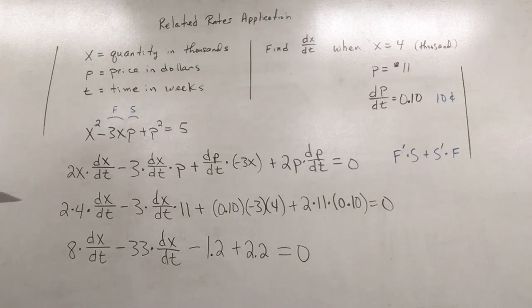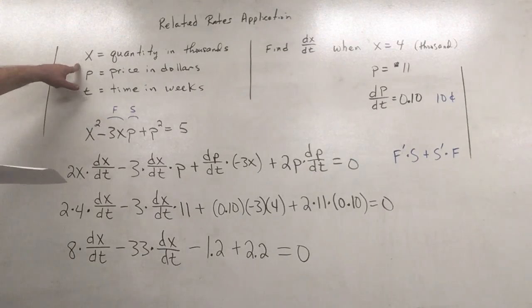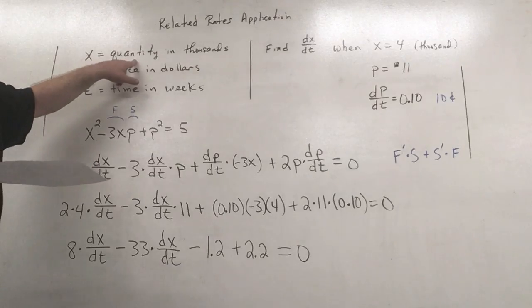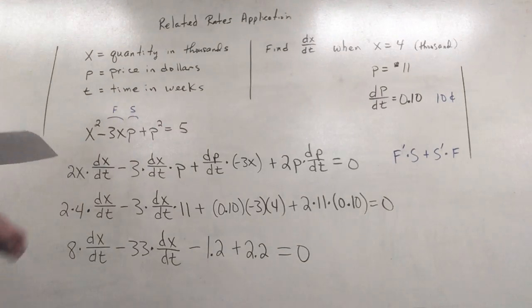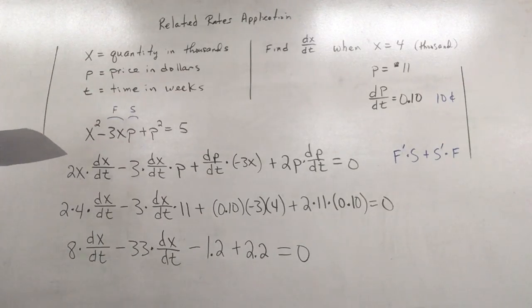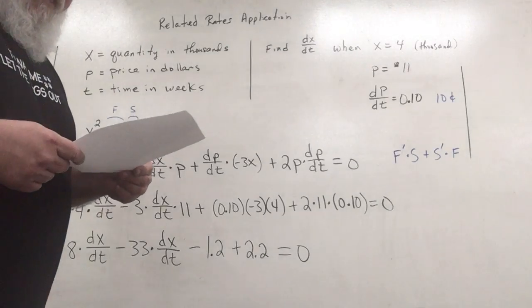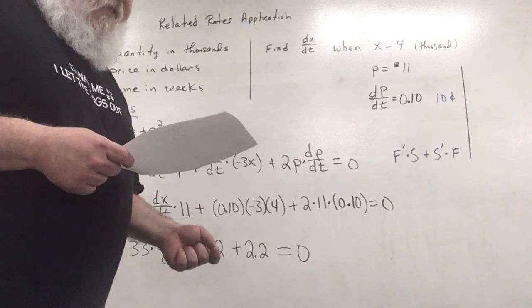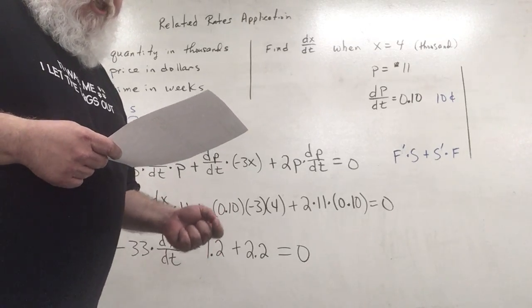So let's define the variables in this problem. x is the quantity supplied in thousands. p is the price of each unit in dollars. And t is time measured in weeks. We're asked to find how fast the supply of drives is changing.